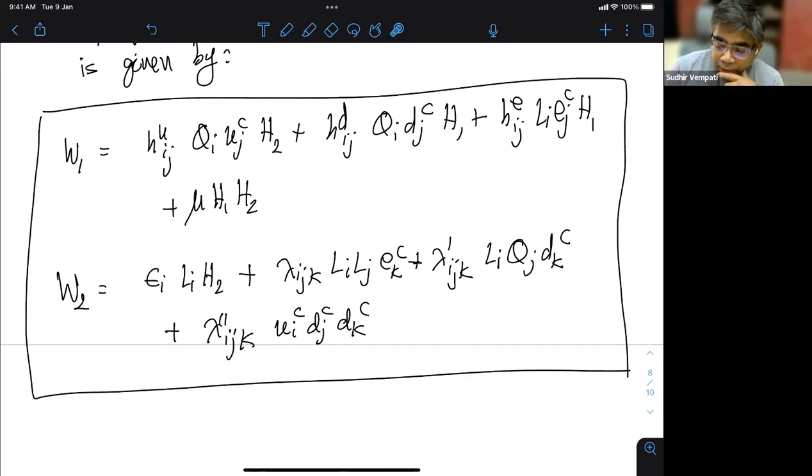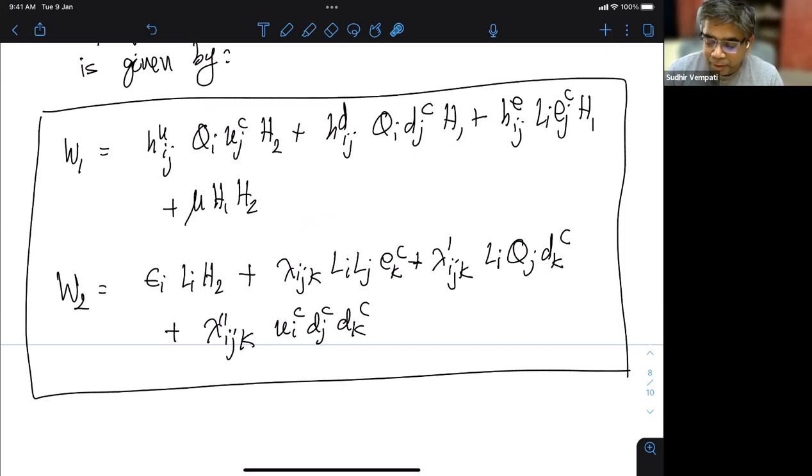So at the level of the gauge symmetry, you don't have a distinction between lepton and Higgs. And at the level of Lorentz symmetry also, you don't have a distinction, because H1 is a chiral superfield and L is a chiral superfield.